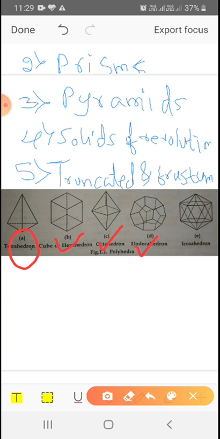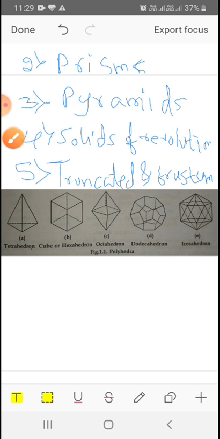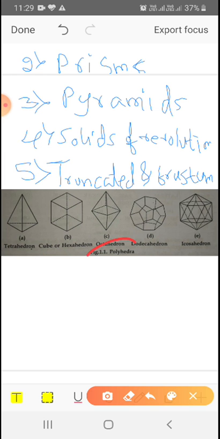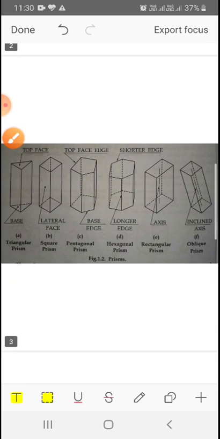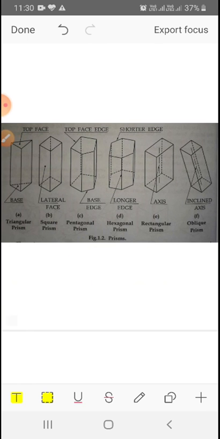It has 12 equal regular pentagonal faces. And last, the icosahedron. It has 20 equilateral triangular faces. So all these 5 different types are polyhedrons.